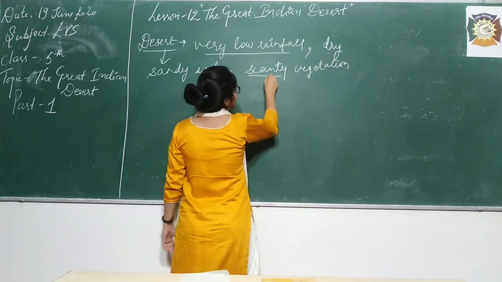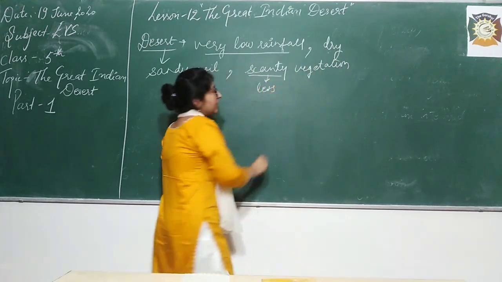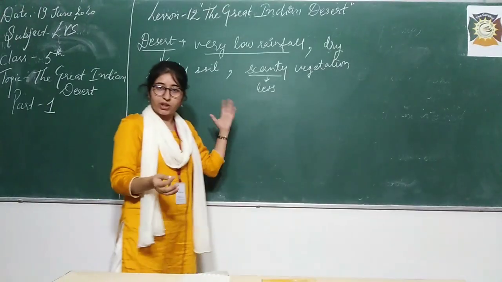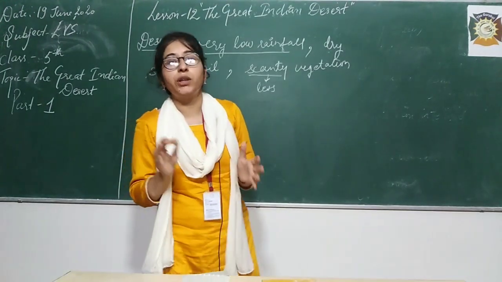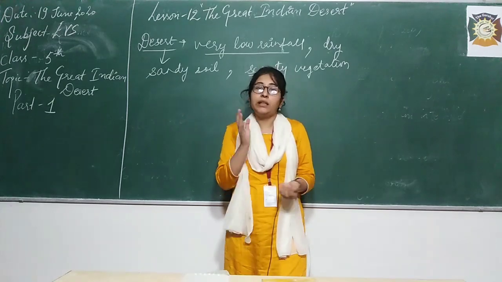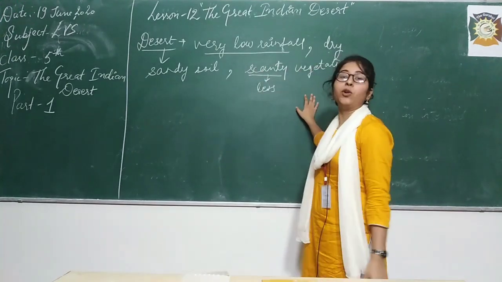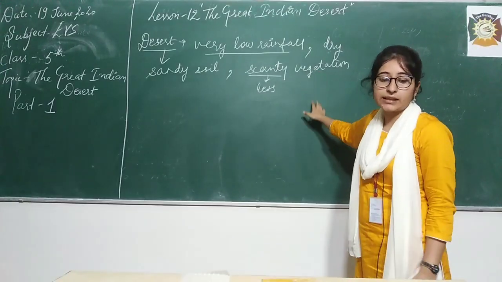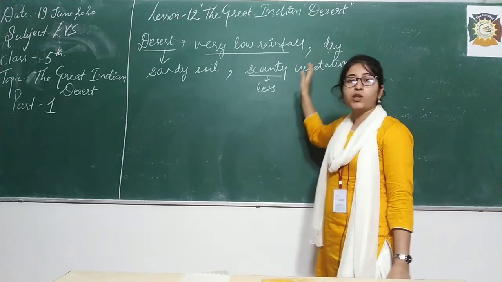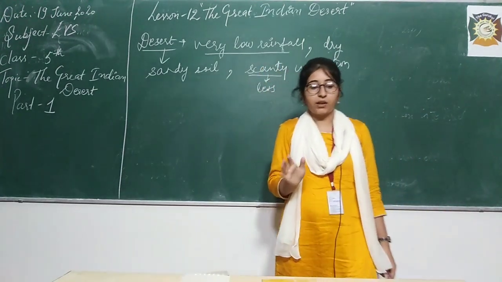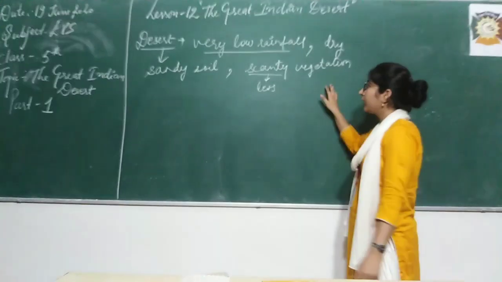Scanty means less or small, meaning there is not much variety of vegetation. Very few crops and very few trees grow in areas like deserts. These are a few features of a desert, like how we get to know that it is a desert.